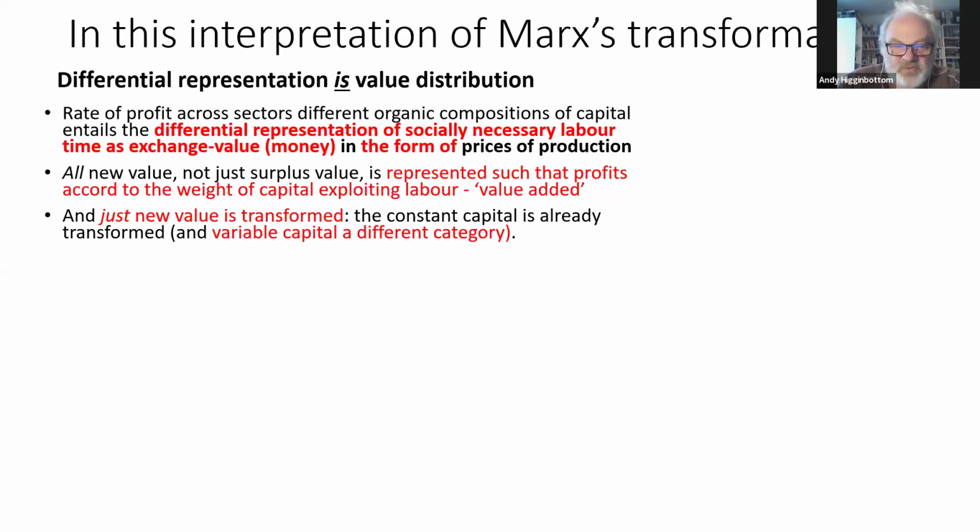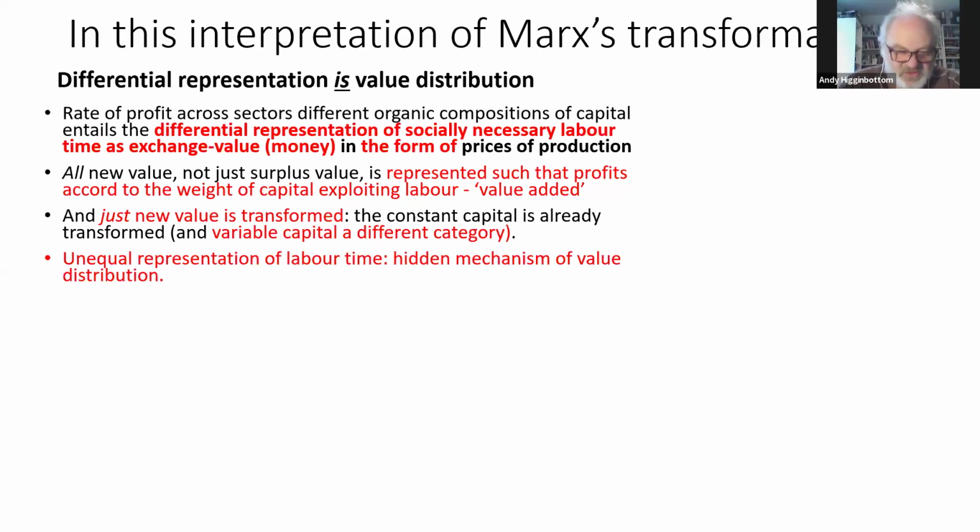And in the form of prices of production, it appears as though capital produces new value. So it is just the new value that's transformed. Constant capital is not transformed in Marx's solution. And variable capital is also a different category, which doesn't fit directly as price of production because it's not a product of capital directly.